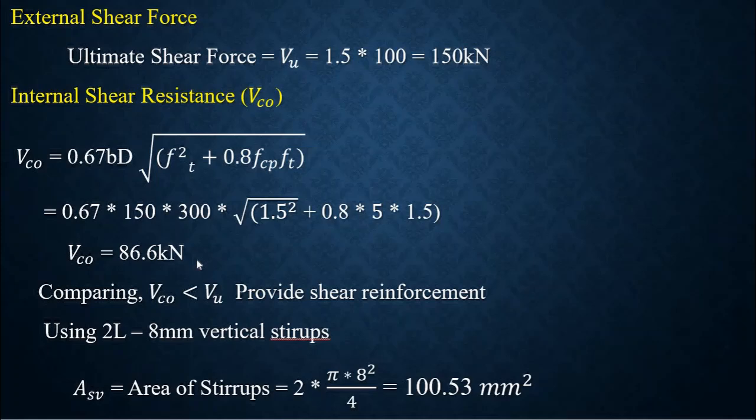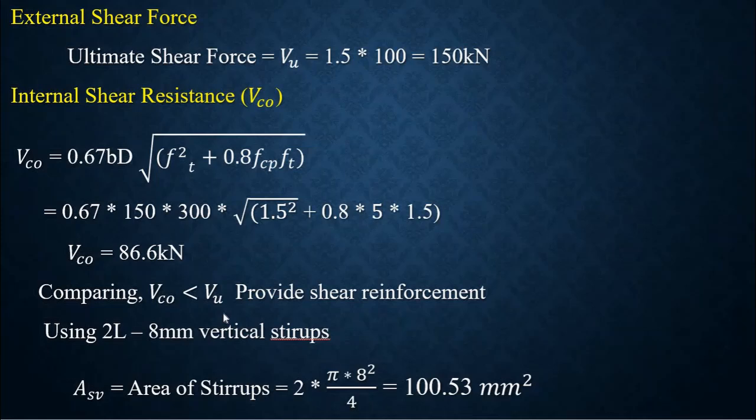Concrete has the capacity to take only up to 86.6 kilonewton, but due to external load, the shear force coming on the beam is 150 kilonewton. So the concrete is too weak to take the ultimate shear force coming on it. So we need to strengthen the concrete against the shear force by providing vertical stirrups.